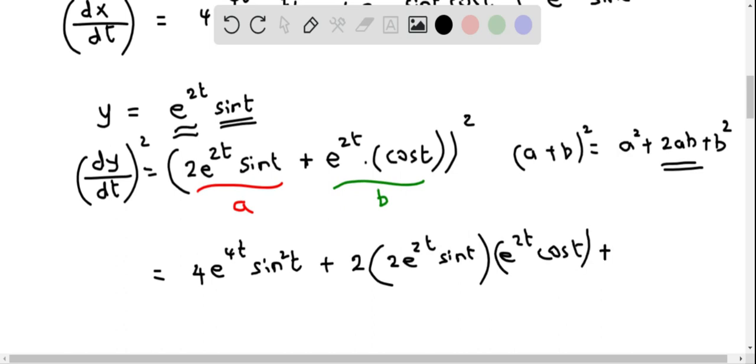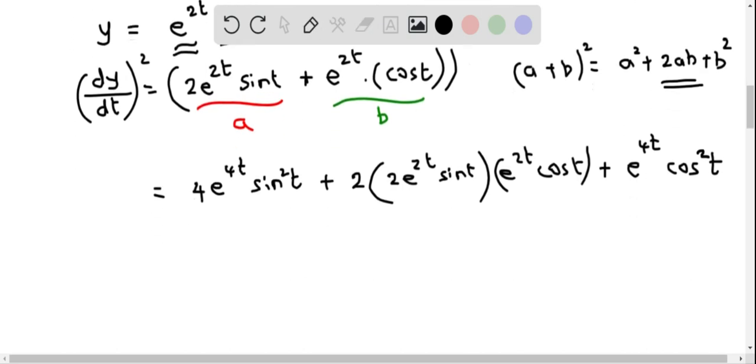So let me square the b term. This will be e^(4t), and square of cos t is cos squared t. We'll simplify this further. The first term remains as it is, that is 4e^(4t) sin squared t.